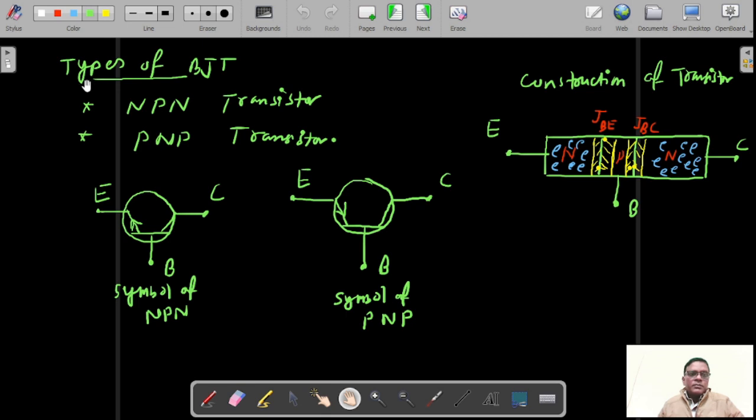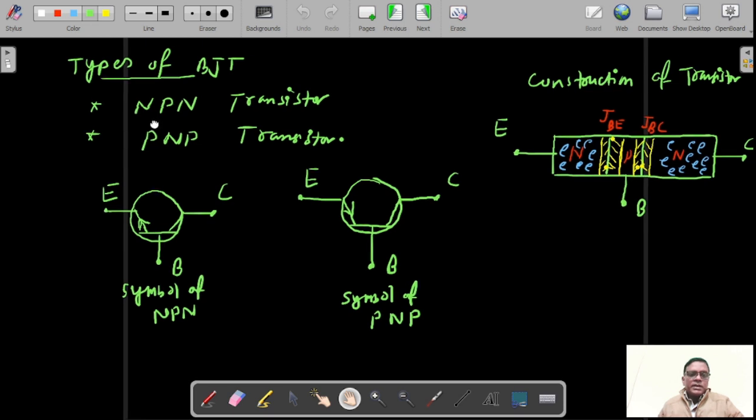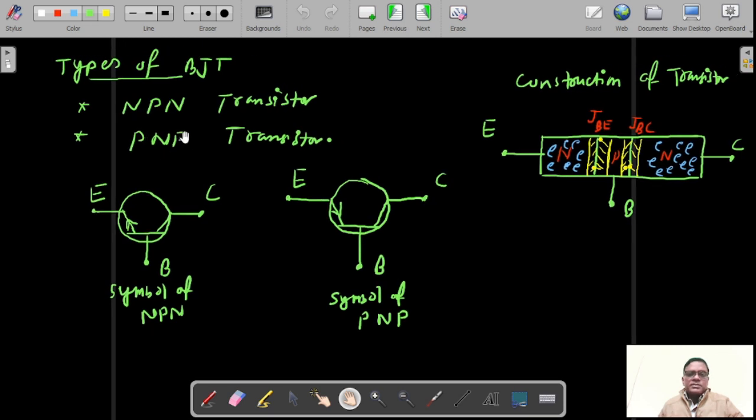Once we discuss the types of BJT, we have two different types, that is NPN and PNP transistor. In short, we say transistor. If you see the symbol, it has three terminals, that is base, emitter and collector. All the time the base terminal is taken in the middle, and at one end we have the emitter terminal and at the other end the collector terminal.